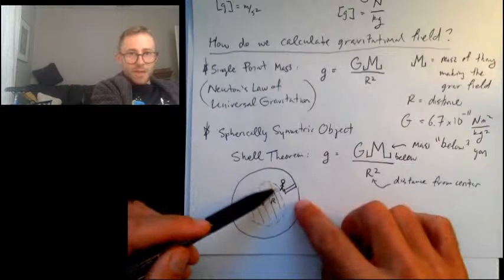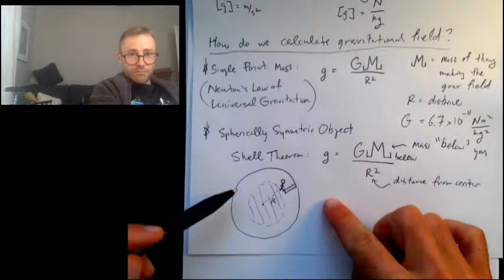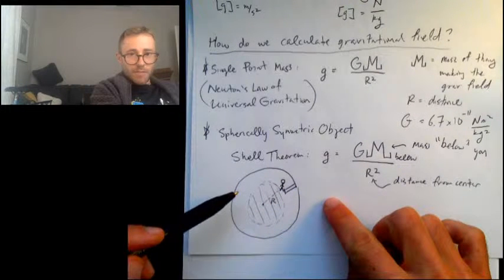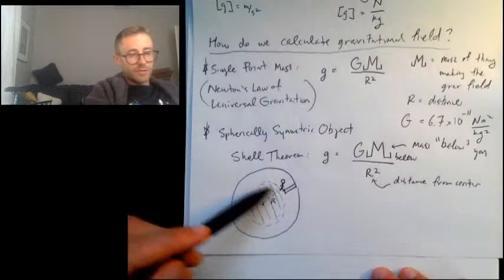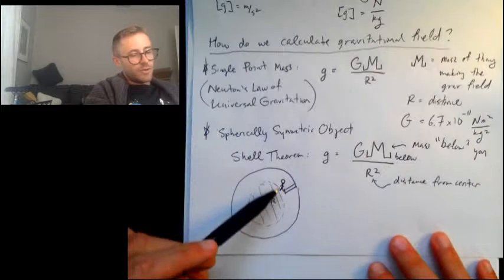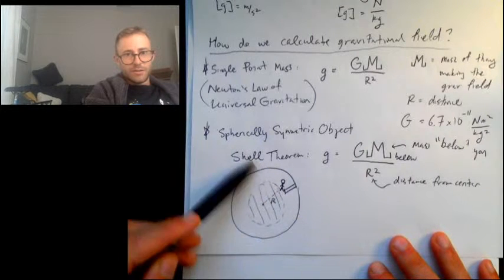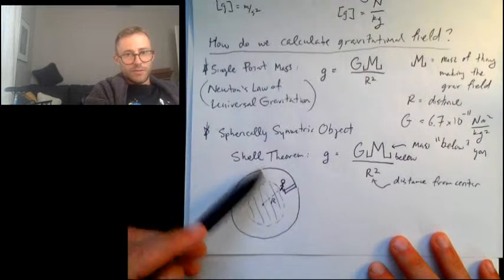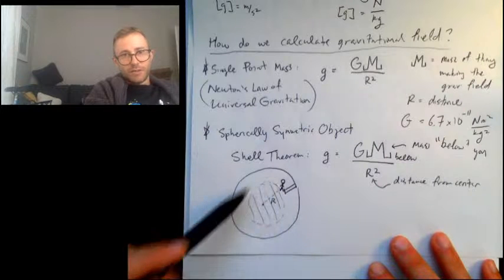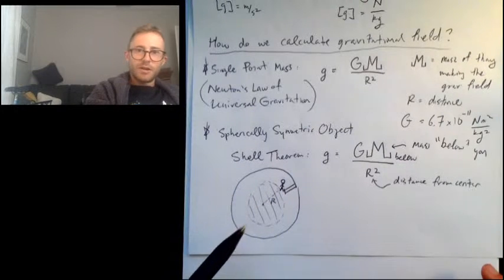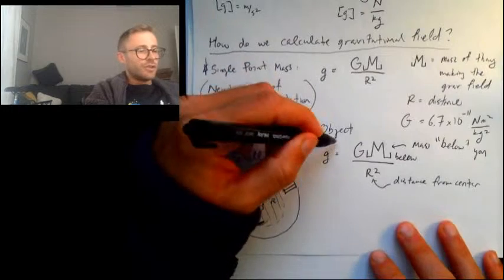Notice that any of the mass that is above you does not contribute to the gravitational field that you experience. It's only the mass that is below you. And when I say below you, I don't mean everything to the left of this line. I mean, you treat it like it's another planet that's below you, essentially. So this is called the Shell Theorem.